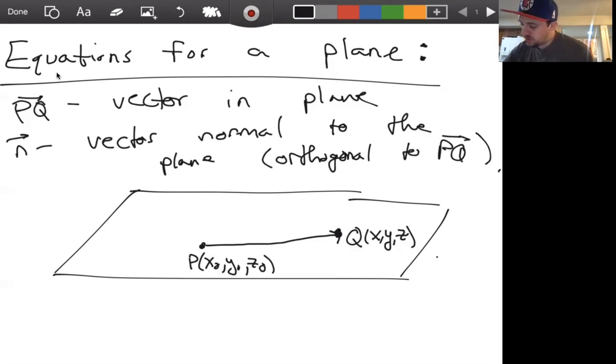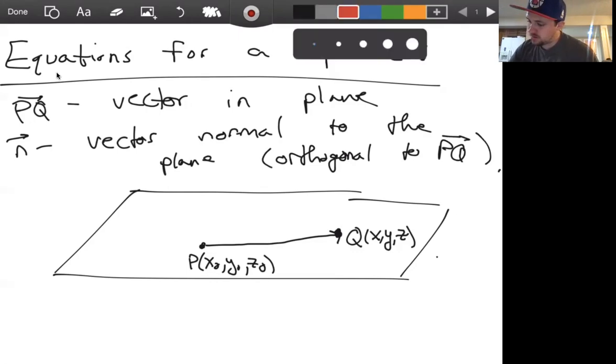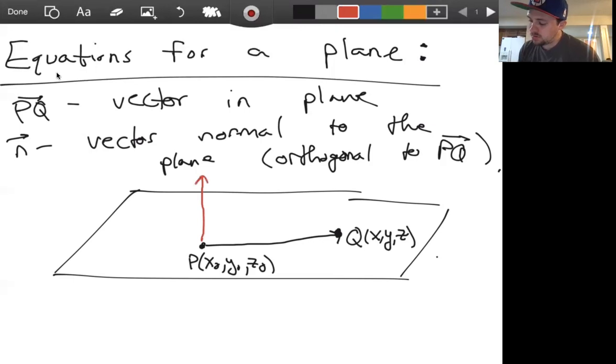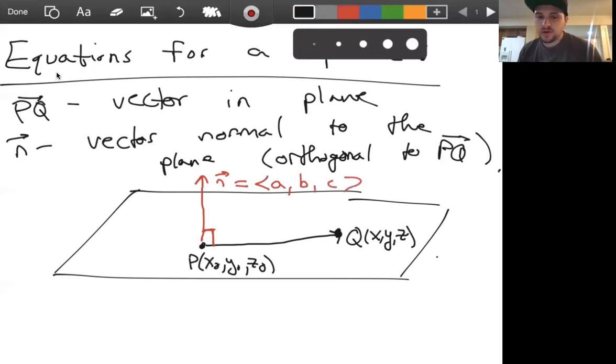And so what does it mean to be orthogonal? We can draw a picture here. We know intuitively orthogonal just means perpendicular. So here's our normal vector n. Let's call this normal vector n, given x component A, y component B, z component C here. And let's try to derive an equation for this plane.